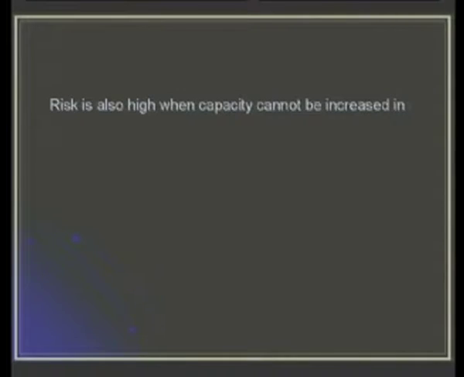So the capacity expansion sometimes may not be as efficient as expected. So there is a high capacity risk in this. So how do we really strategically calculate that? That's very important.